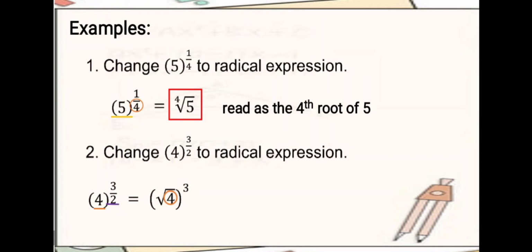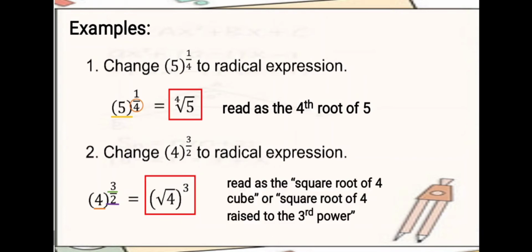And then, yung denominator naman, siya yung magiging index. Since yung denominator ay 2, so pwede na nating hindi isulat. Next, the numerator will be the exponent, which is 3. So, therefore, that will be our final answer. So, it can be read as the square root of 4 cubed or square root of 4 raised to the third power.